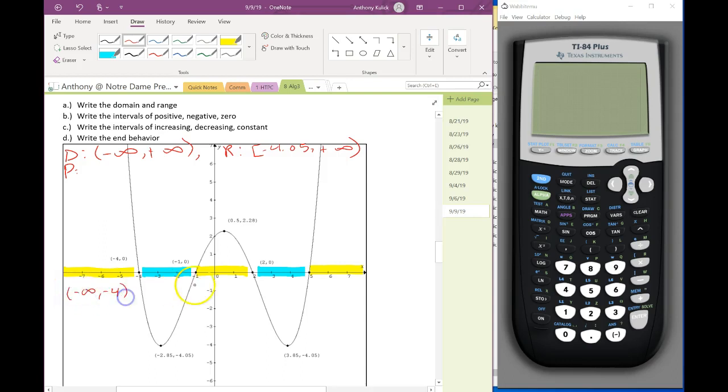So if I do the positive parts, I have negative infinity to -4, -1 to 2, and then 5 to positive infinity. And then my negative parts are -4 to -1, and then 2 to 5.